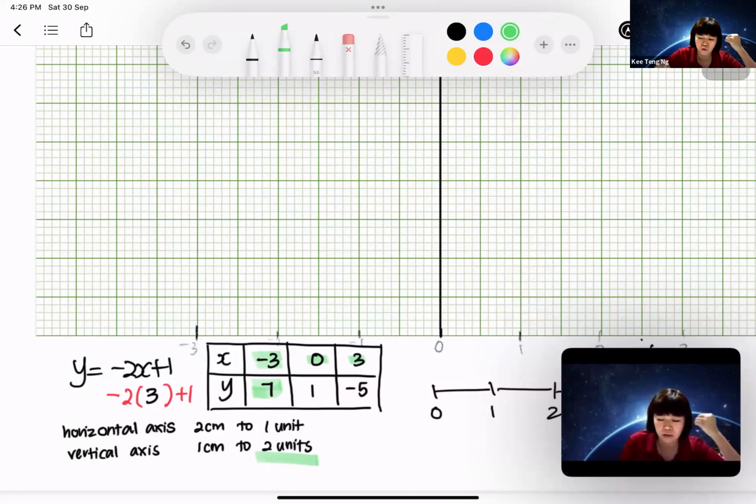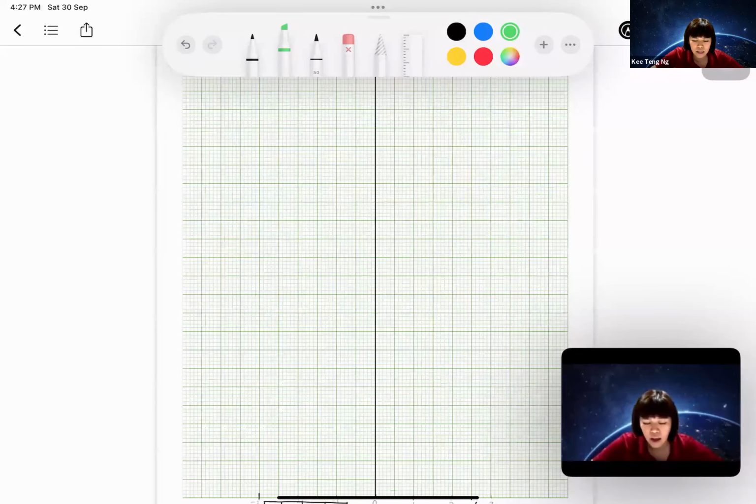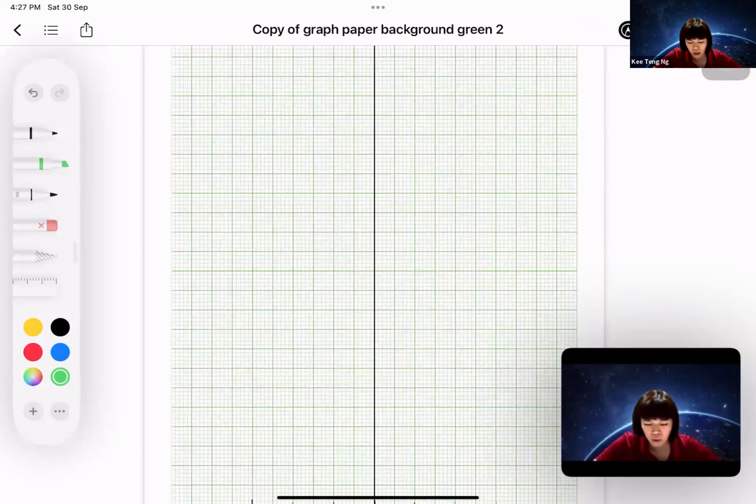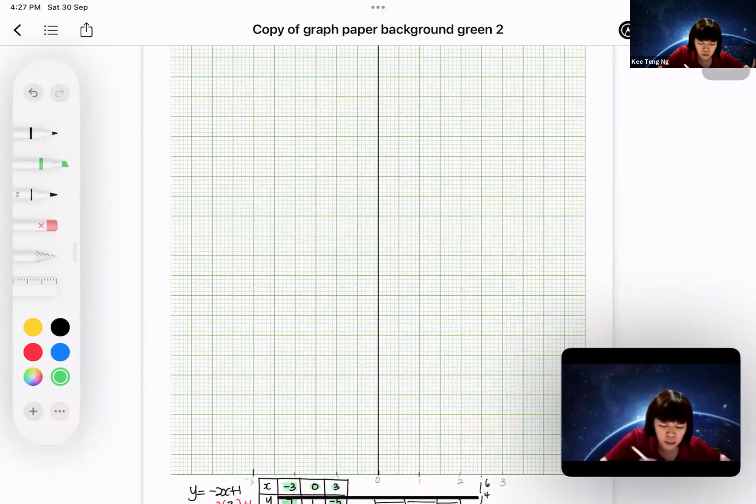And at the bottom, I need negatives: 0, -2, -4, -6. So I need a total of 4 plus 5, maybe about 9 or 10 units. And 1 cm is one small 5-square block. So I need 9 units, top and bottom. For me, this one no need to count.